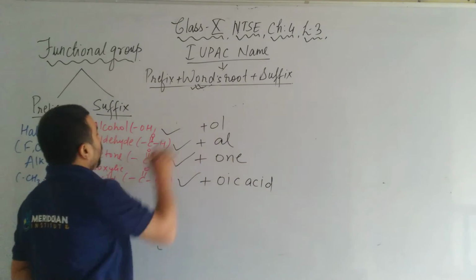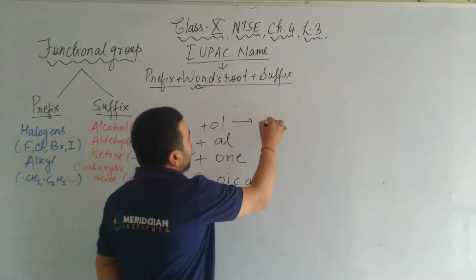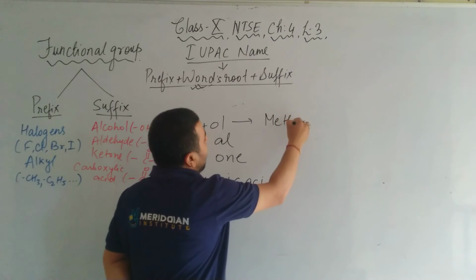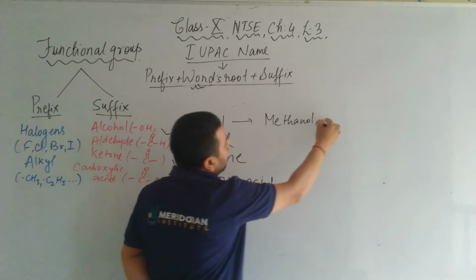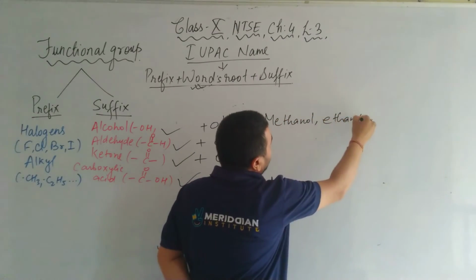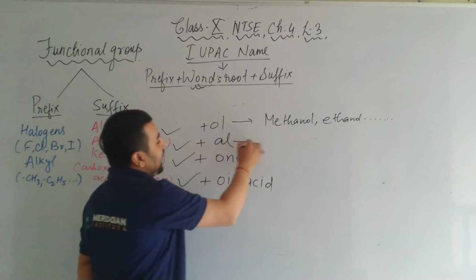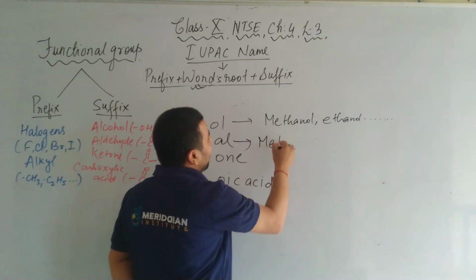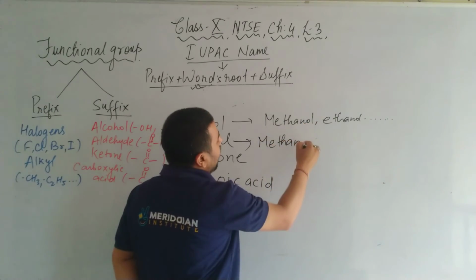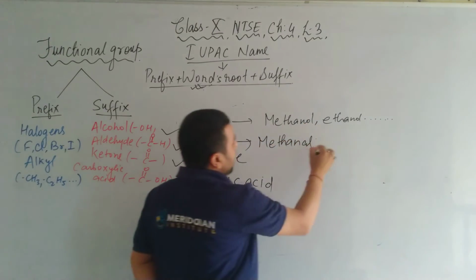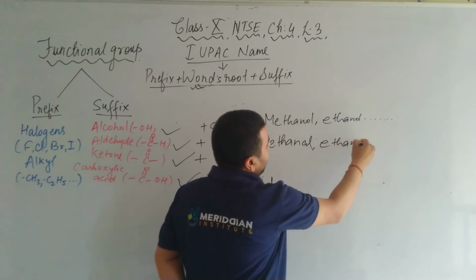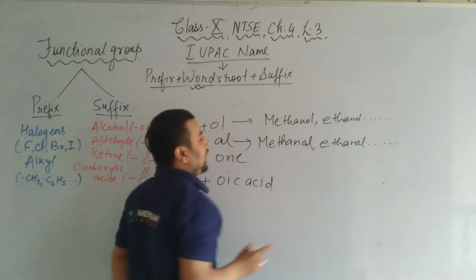Just suppose if I talk about alcohol, so the name of the first carbon will be methanol. Second, ethanol. Third, propanol, butanol, pentanol, etc. If we add an aldehyde group, methanal. Instead of -nol, it will become -nal. Similarly, ethanal, propanal, butanal, pentanal, hexanal.